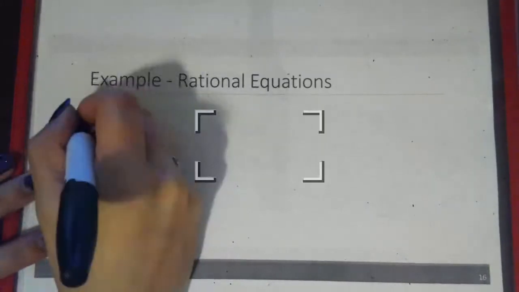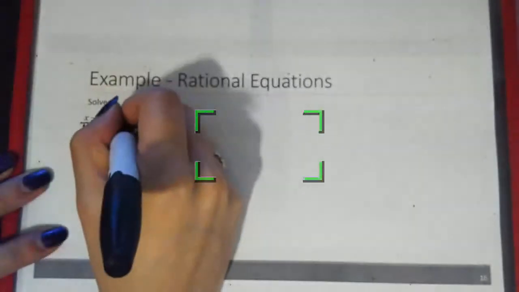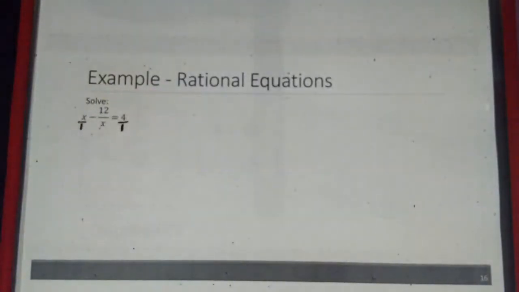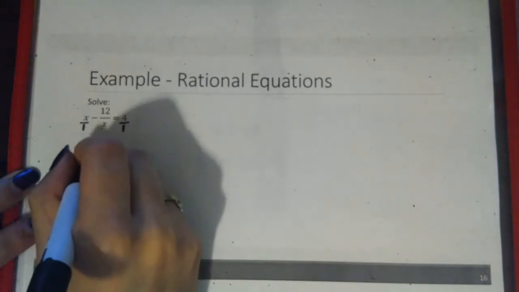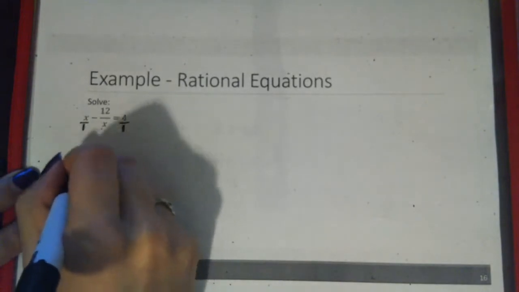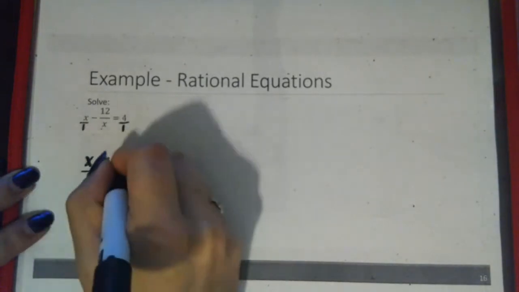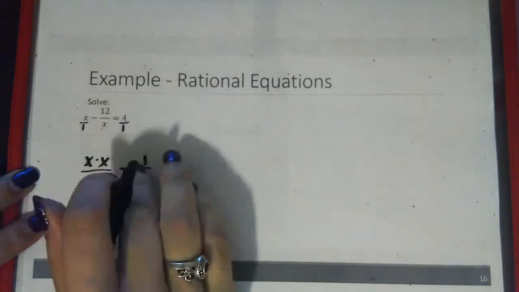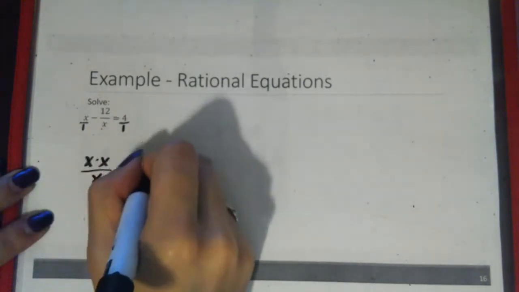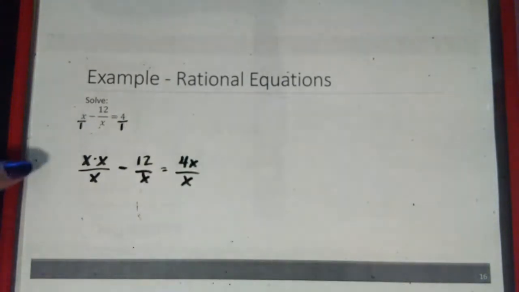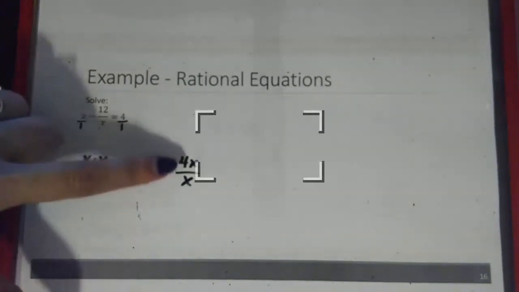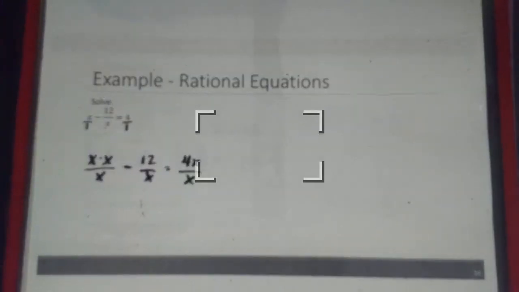Right now, if I make them all have denominators, I have x over 1 minus 12 over x equals 4 over 1. So if I want them all to have a denominator of x, I will have x times x over x minus 12 over x equals 4x over x. So I'm multiplying the first fraction by x over x. I'm multiplying my right side by x over x.